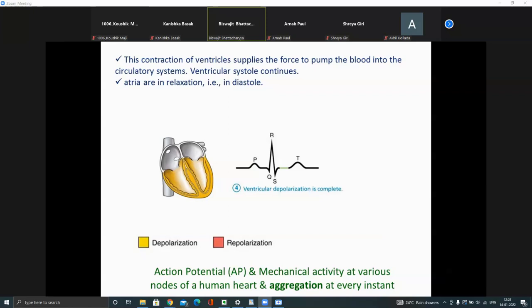So the ventricular systole continues and atria are in relaxation, so that is in diastole. The next segment of the ECG wave is now progressing, shown here.